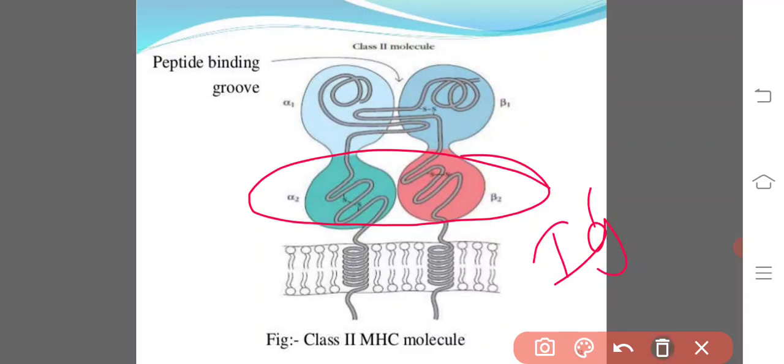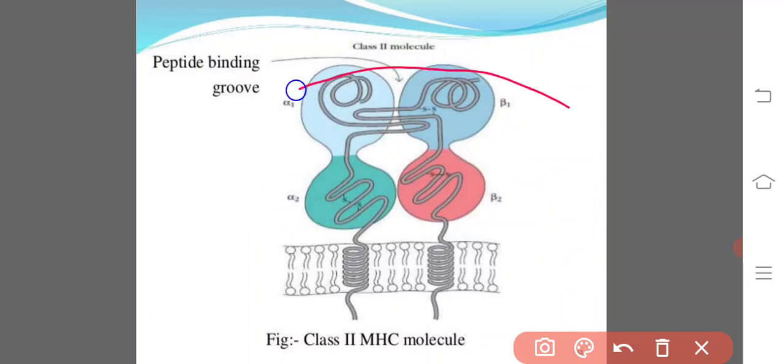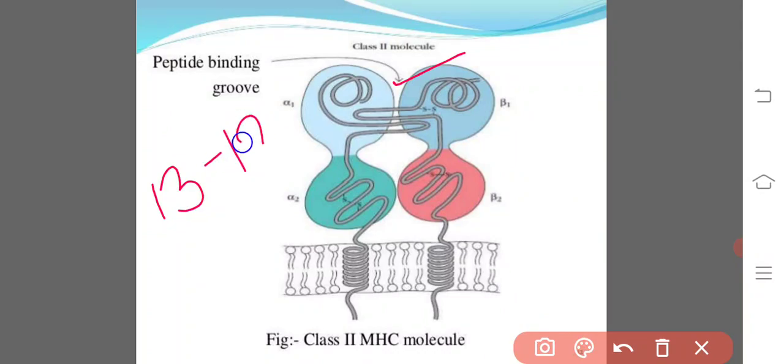The membrane distal regions, that is the alpha 1 and beta 1 domains, form the peptide binding groove, the peptide binding cleft for processed antigen. This cleft is an open-ended groove due to lack of conserved residues. This cleft is large enough to bind a peptide of about 13 to 18 amino acids.